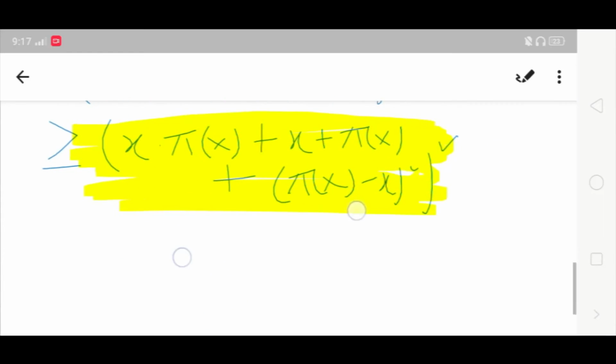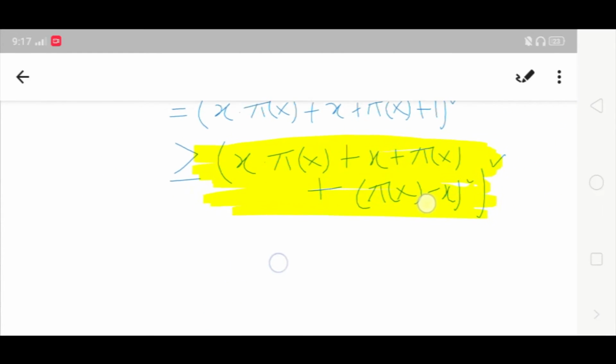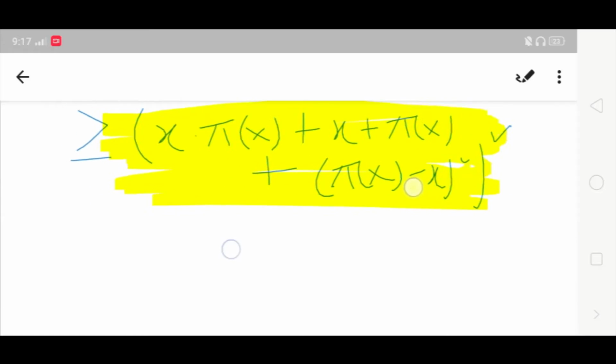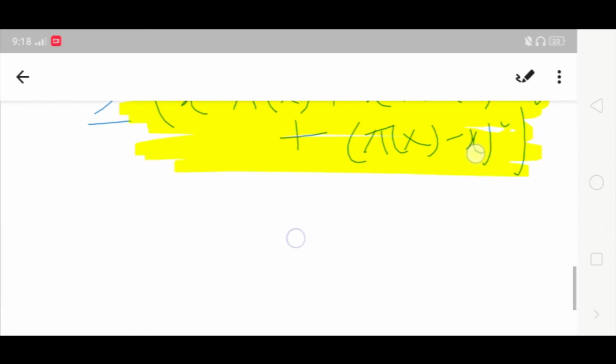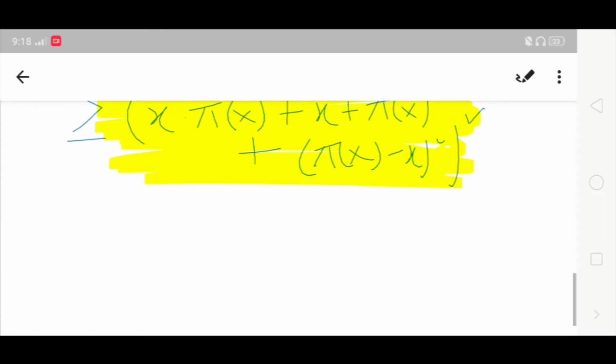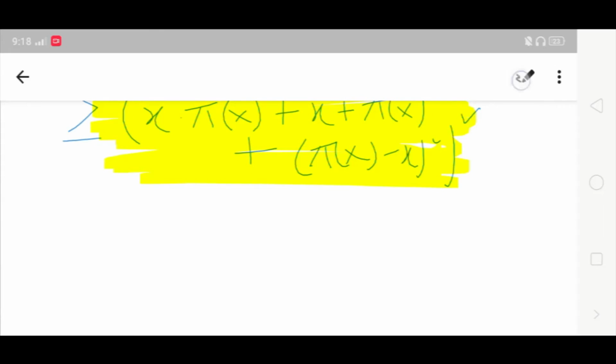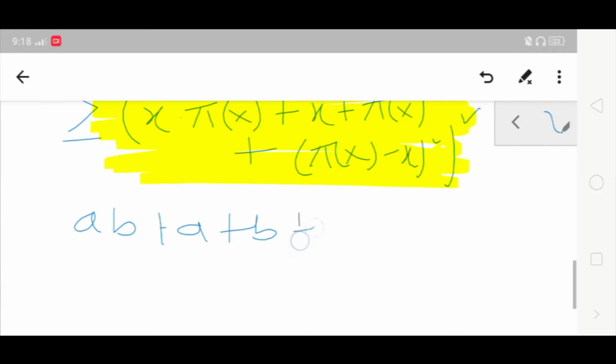Okay, now let me go to the second part. In that case, it is very tough to deal with x and pi of x, so I should take something like this: ab plus a plus b plus the square of a minus b, and this whole squared.